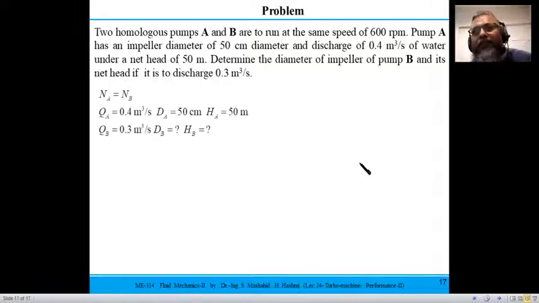Once we say two pumps are homologous, it means they belong to the same category. I missed the symbol here.